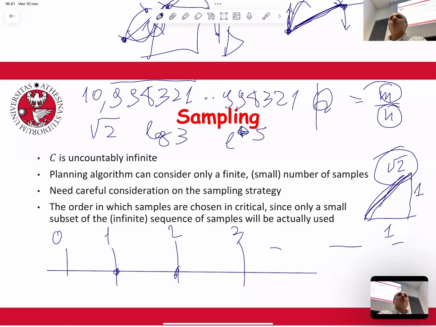intriguing question for mathematicians. No, this has a strong implication for us because we are working with computers, and computers are inherently countable machines because they are made of a finite number of 0, 1 digits, right? And so we have two problems.